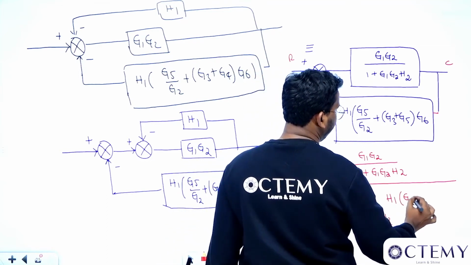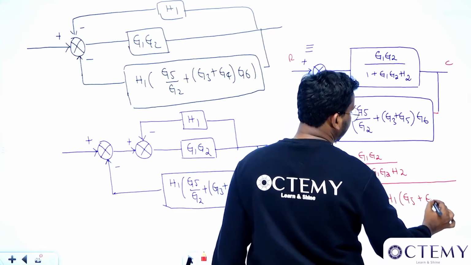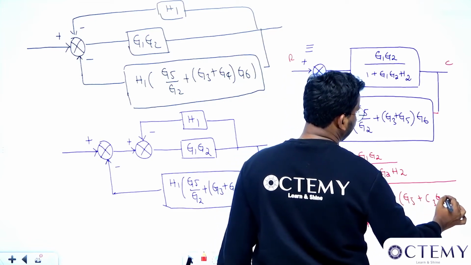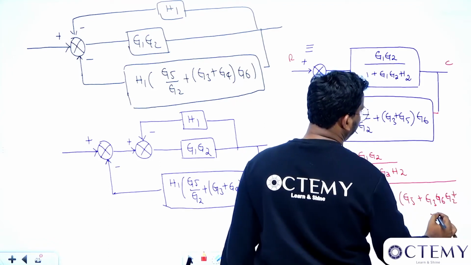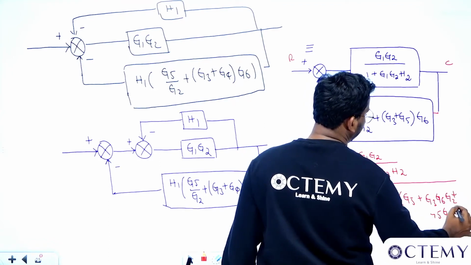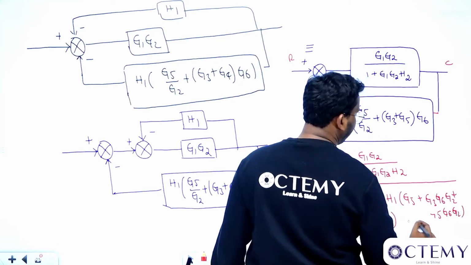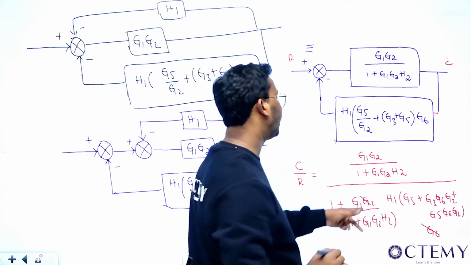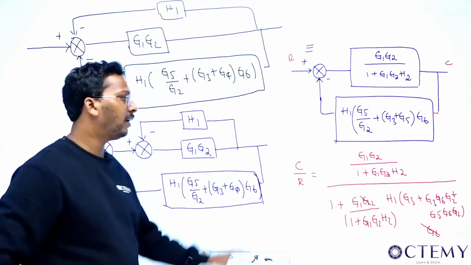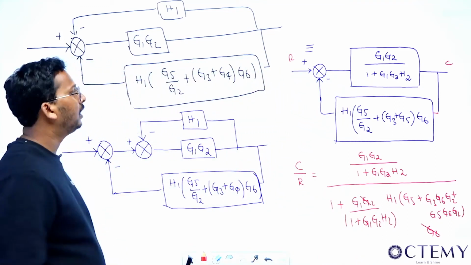So it will become G5 plus G3, G6, G2 plus G5, G6, G2 whole divided by G2. So this G2 will get cancelled. Take LCM and you can simplify, or you can leave the answer there. Right? So very good, sir.